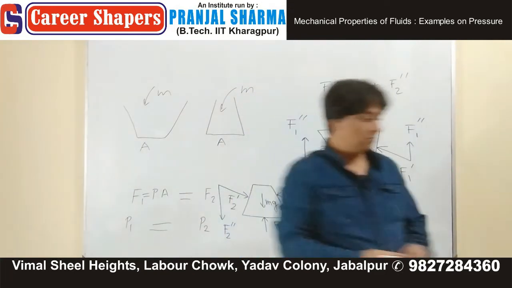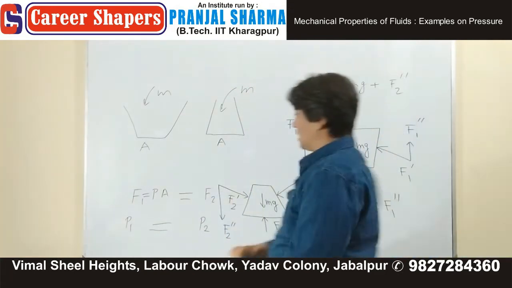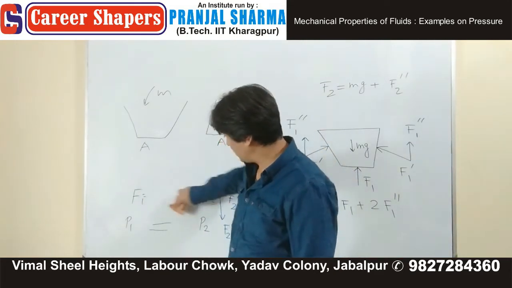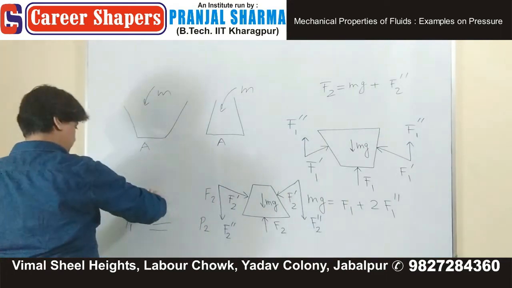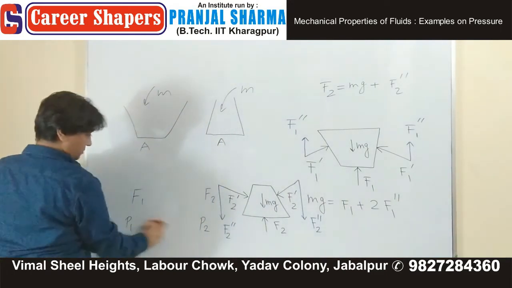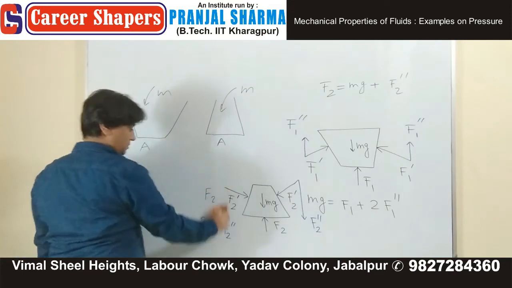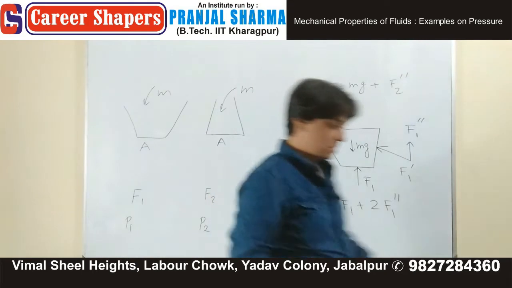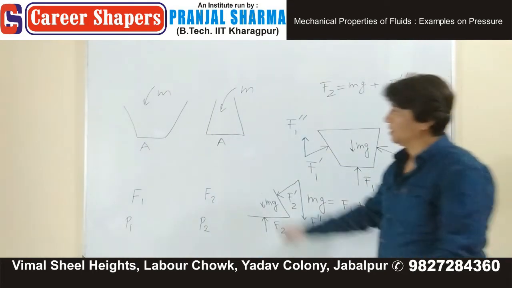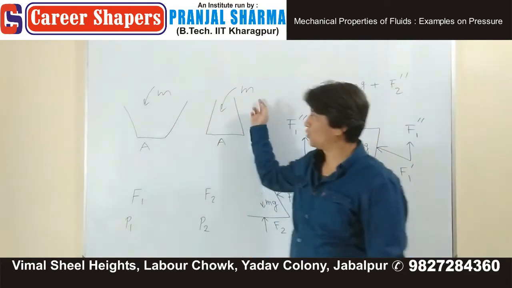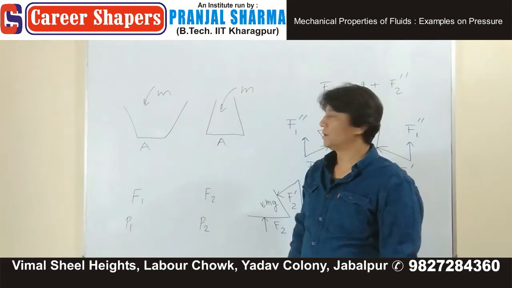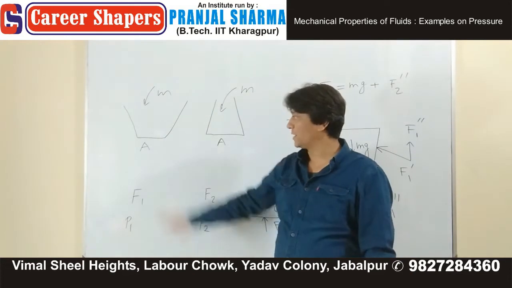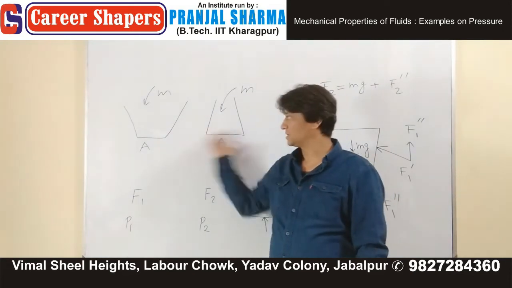Find out the relationship between F1, F2 and P1, P2. Same amount of water. Nothing is given about height and all. They have been given that the mass of water is the same. They have the same cross-sectional base area.